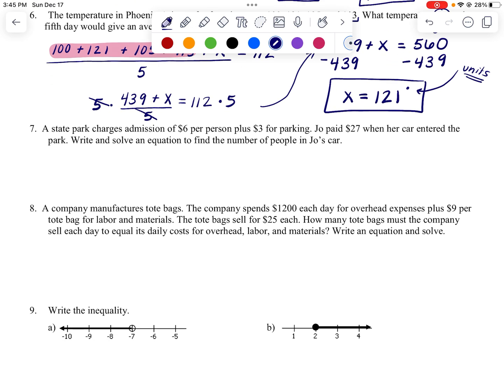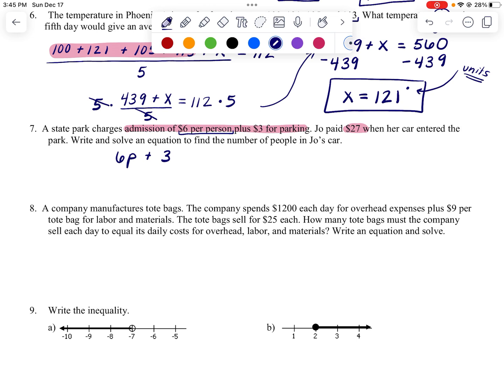The next one, a state park charges $6 for admission plus $3 for parking. And then Joe paid $27. So if we think about this, $6 per person, so 6p plus $3 for parking. There's only one car, so it's not like per car.